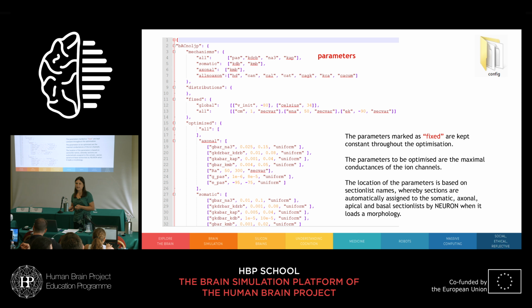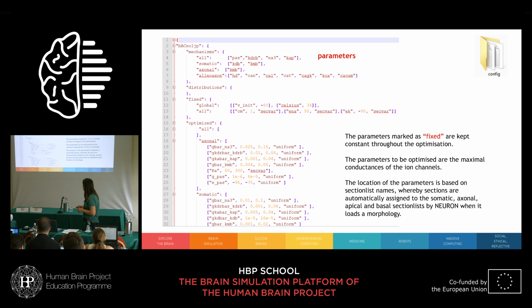Last file in the config folder, there's parameters.json. So this is the main file to specify the parameters to be optimized. There are some parameters marked as fixed, and these are kept constant throughout the optimization. And we specify here a range for the parameters to be fitted, and the distribution of these parameters within this range.